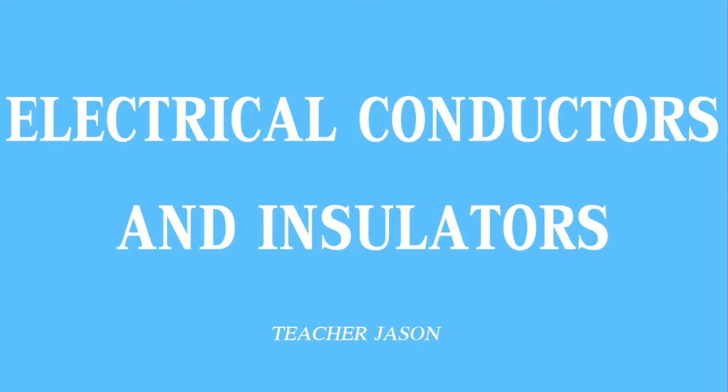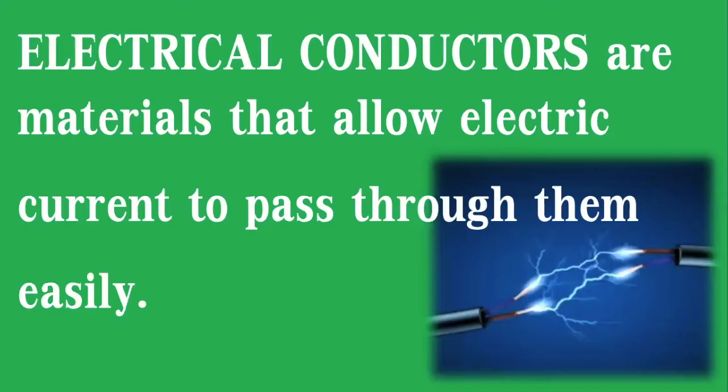Before we write, we will repeat after me, okay? So electrical conductors, repeat after me first. Electrical conductors. One more time, electrical conductors. Okay, definition. Electrical conductors are materials that allow electrical current to pass through them easily.